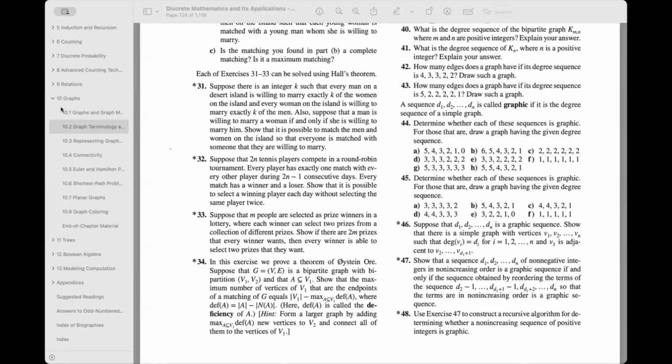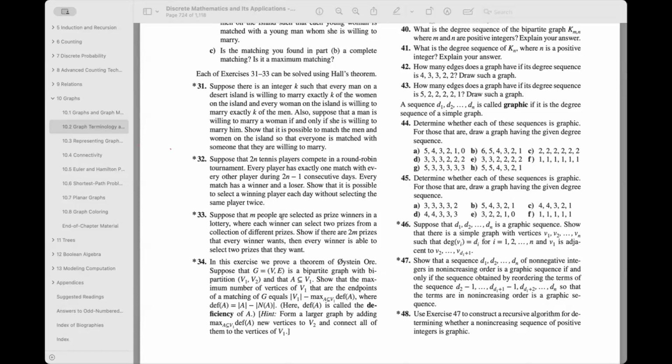Since the size of this set is equal to K, Hall's theorem guarantees that the neighborhood of A, which is the number of possible pairings to the women, has to be greater than or equal to K, so that it's possible to match the men and women on the island so that everyone is matched with someone they're willing to marry.